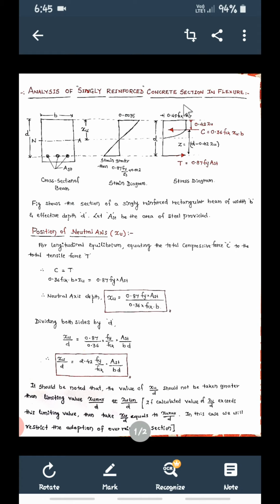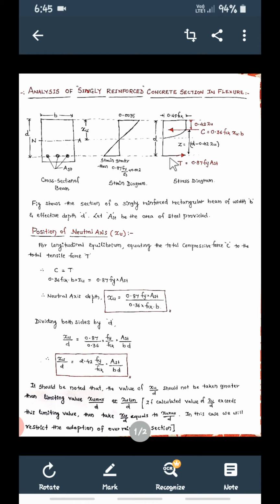So at the top fiber, the maximum compressive stress will be 0.45 FCK. At the neutral axis it is 0. So it will be maximum here, and then it reduces towards the neutral axis, where there will be no stress.